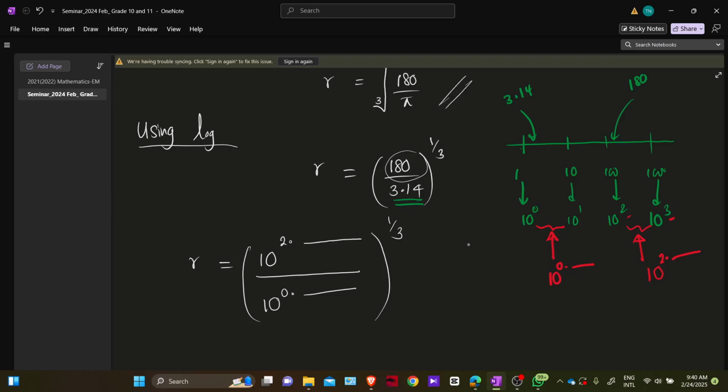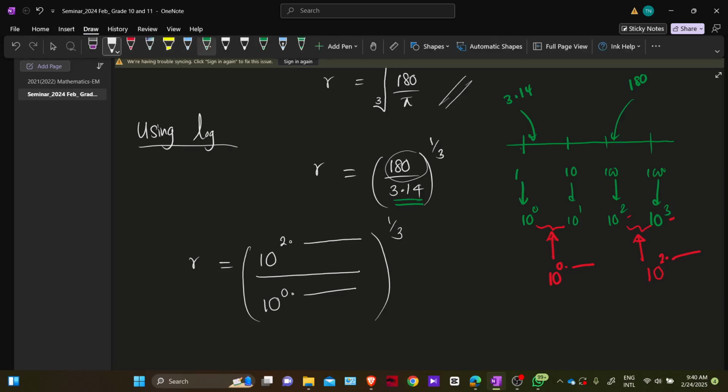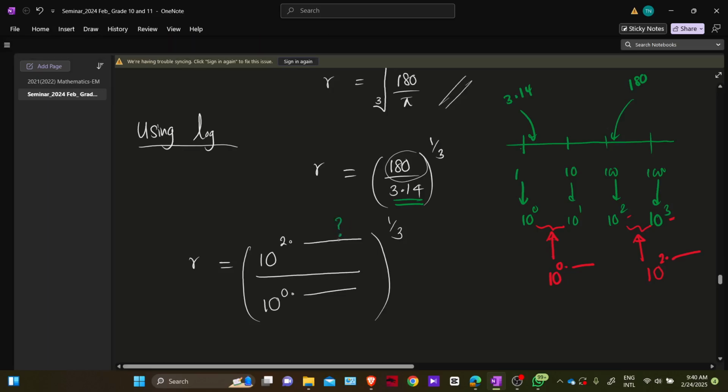Now, we need to find the remaining digits. So let's use log tables. 180 means 18 0. This is not actually 18. This is 1.8, but it is printed as 18. Second one, 3.14 means simply as appeared, 31 is there under the fourth column.